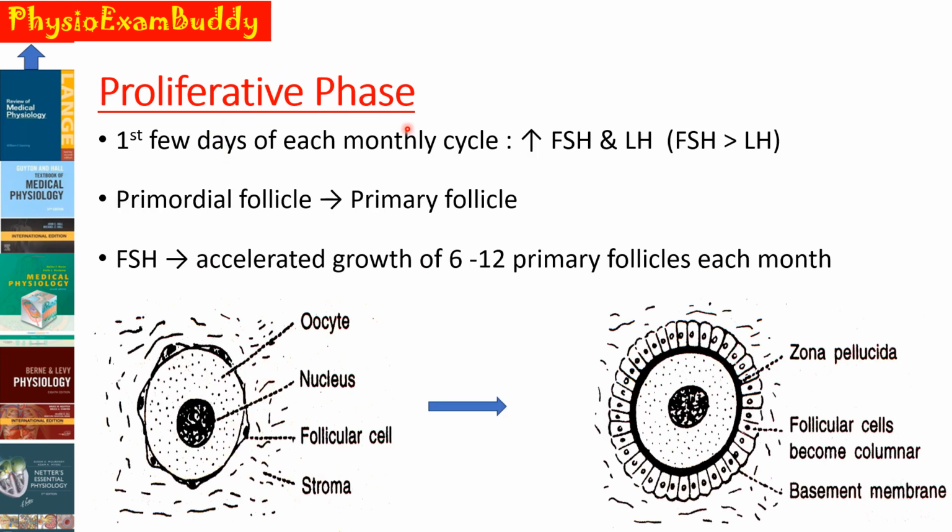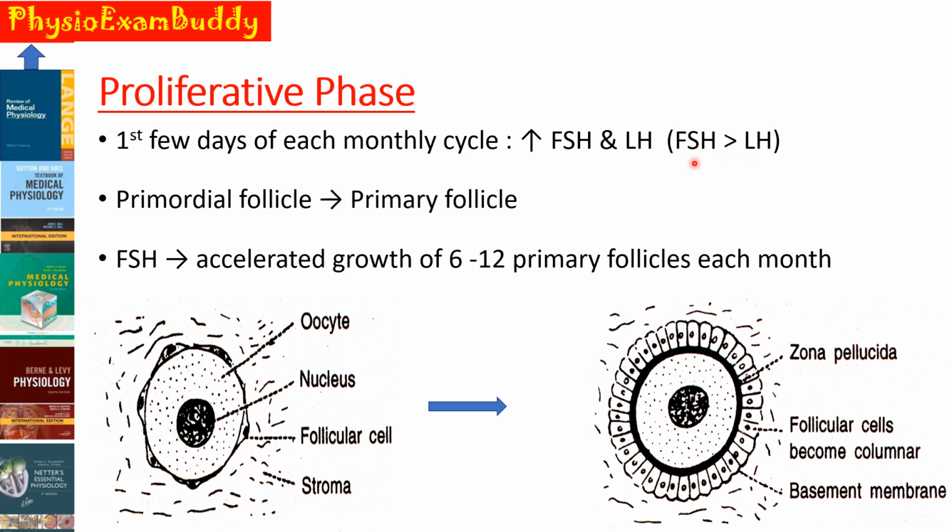Proliferative phase. This happens in the first few days of each monthly cycle or menstrual cycle. During the first few days, there will be an increase in FSH as well as LH secretion, and of this, FSH secretion will be more when compared to that of LH.